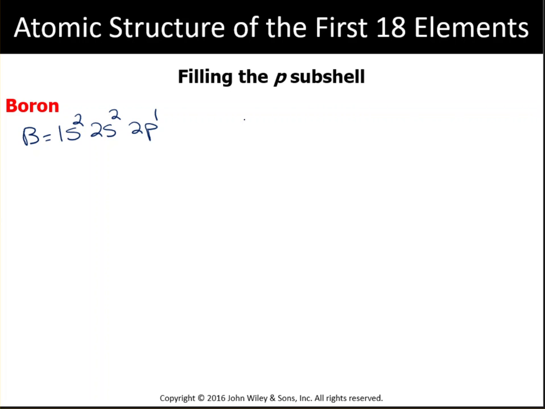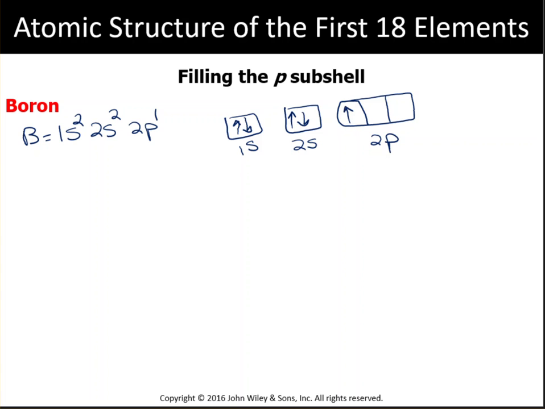Now in terms of box diagram, we have the 1s, 2s, and 2p. In the 1s sublevel, we expect 2 electrons. 2s, 2 electrons, 2p, only 1 electron.